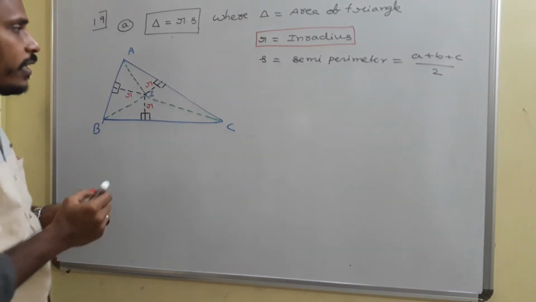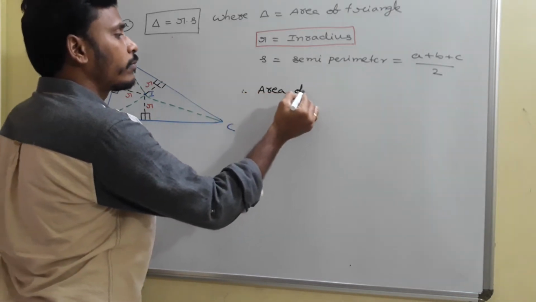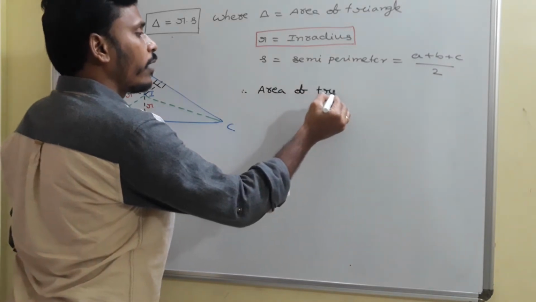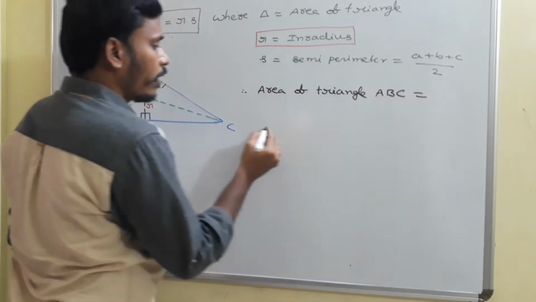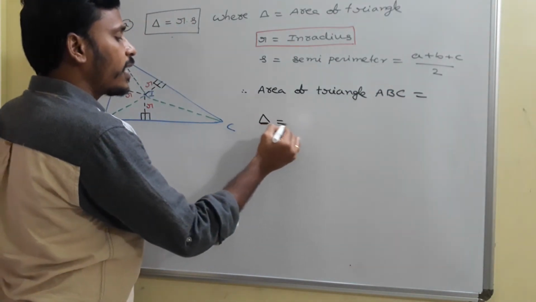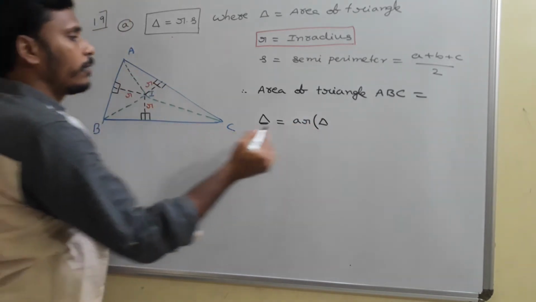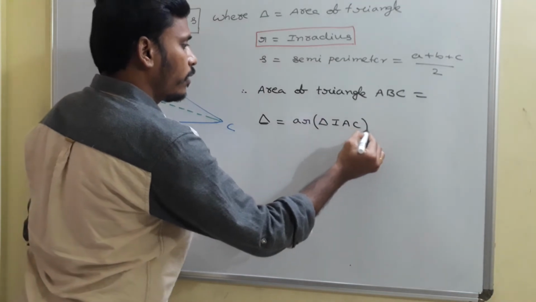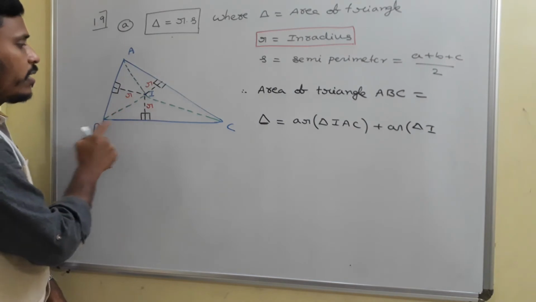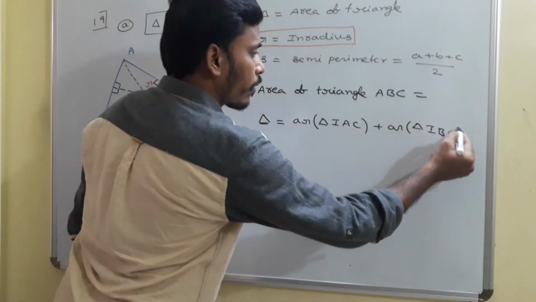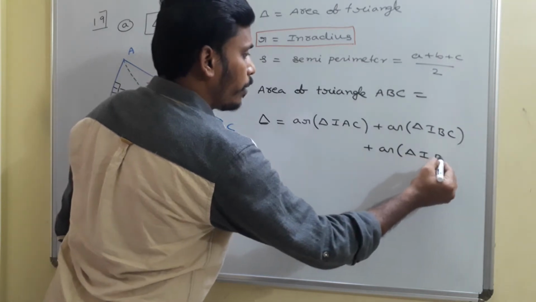So at the end, the total area of the triangle ABC is simply delta, and that delta is nothing but the area of the triangle IAC plus the area of the triangle IBC plus the area of the triangle IBA.